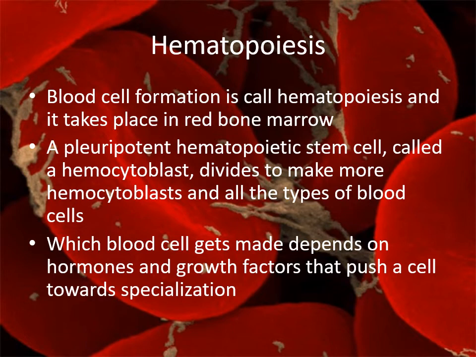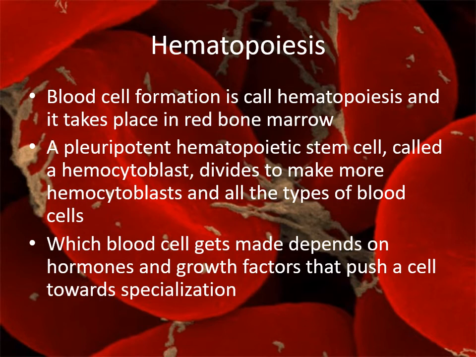So in that red marrow, you're going to find a pluripotent, so it has the potential to make multiple different types of cells, hematopoietic, so again, making blood cells, stem cell, and that cell is called a hemocytoblast, and it divides to make more hemocytoblasts so that we can continue making more blood cells, and it's also going to be able to make all the different types of blood cells: red blood cells, white blood cells, and platelets.